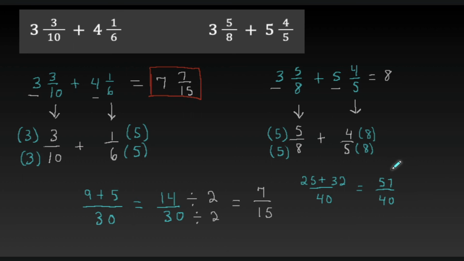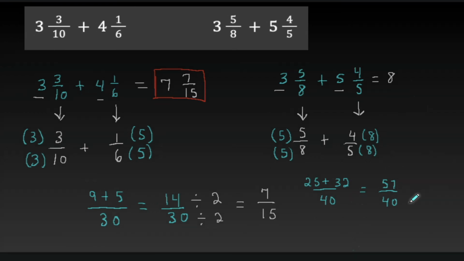So now notice the fraction here. We have a large number in the numerator compared to the denominator. So in this case, we must divide 57 by 40, because we have to simplify as much as possible, and it needs to be a proper fraction, not an improper fraction.